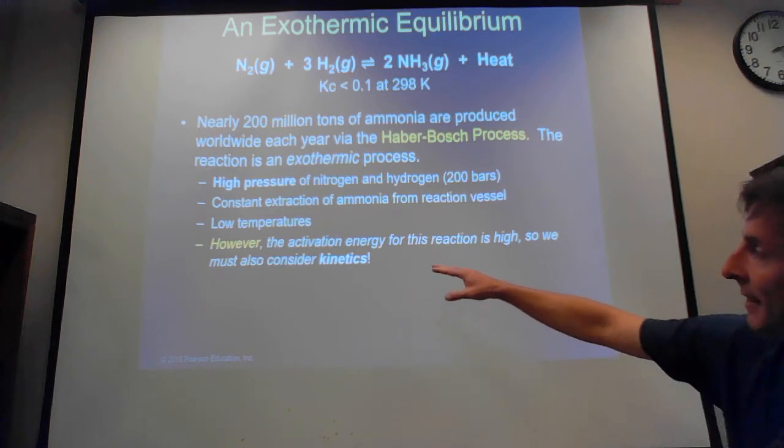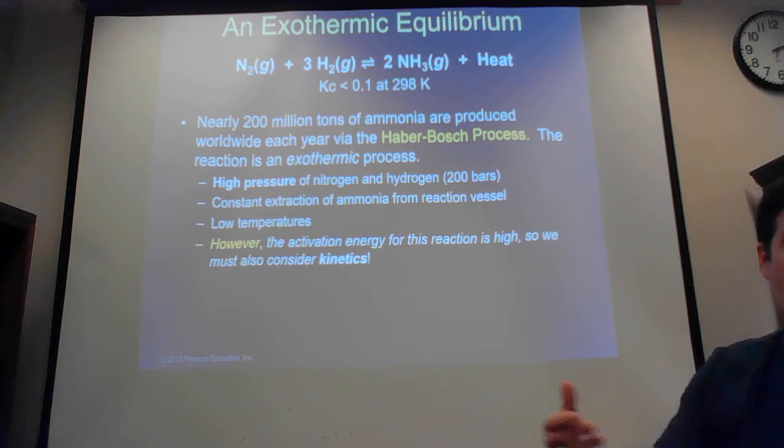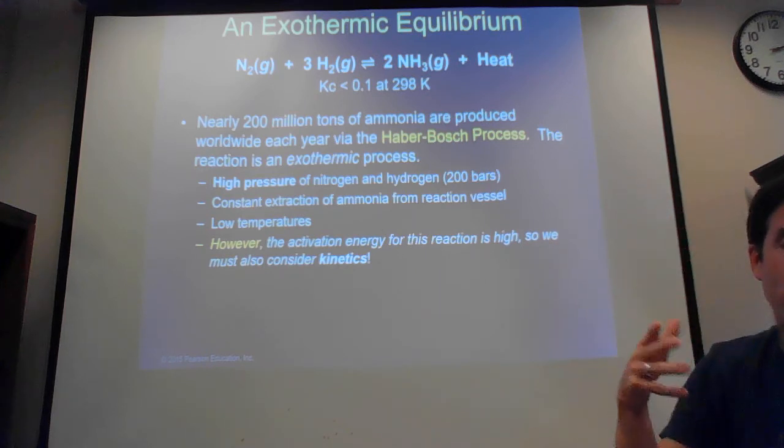This reaction has a high activation energy, and when we cool it down, that's also going to slow the reaction down. I don't want a reaction that's going to take a week or a month or a year to reach equilibrium, which a slow reaction that has a high activation energy takes a really long time to get to its equilibrium point.